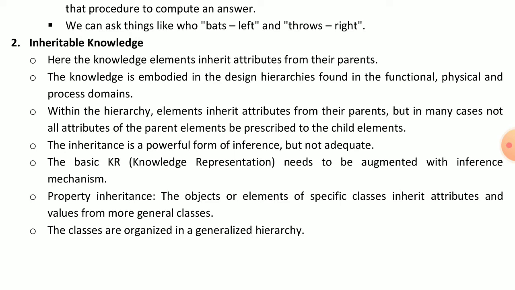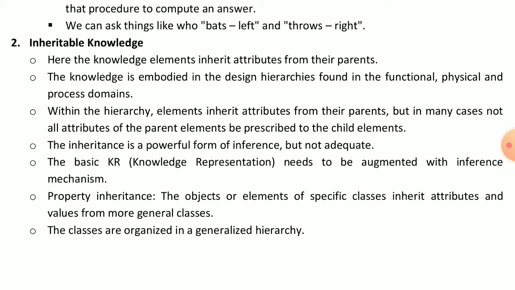Now the basic knowledge representation. The short form of knowledge representation is KR, and it needs to be augmented with an inference mechanism. We can use the basic knowledge representation and then find out the methods.